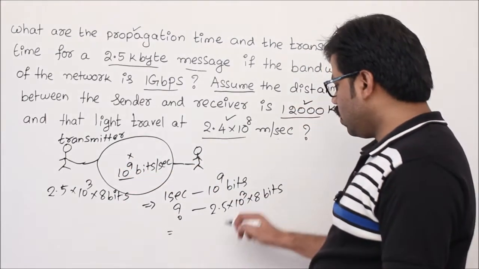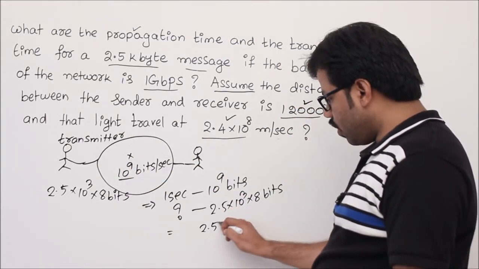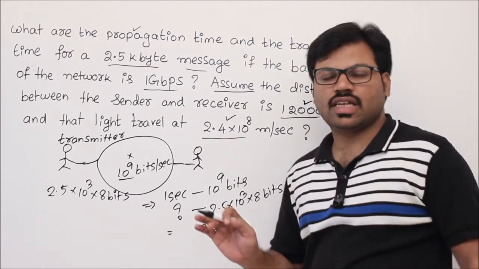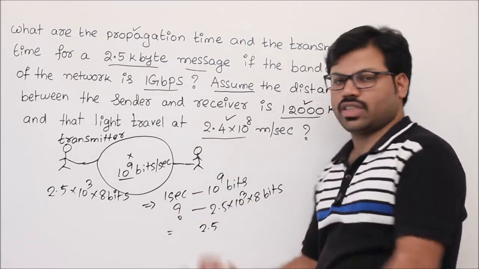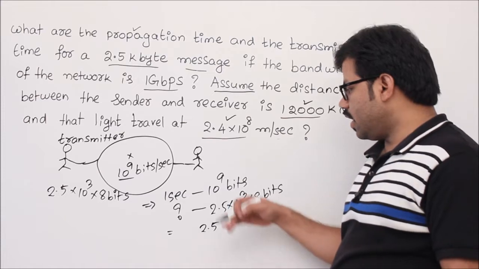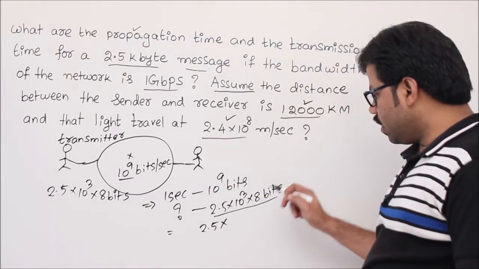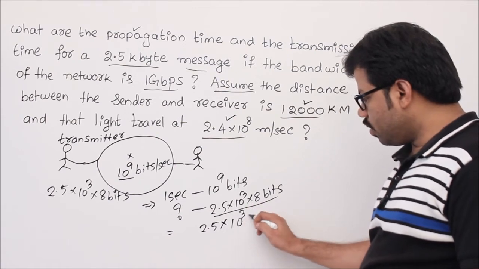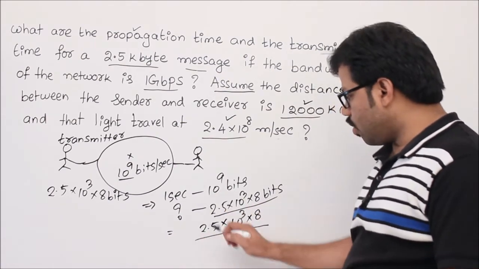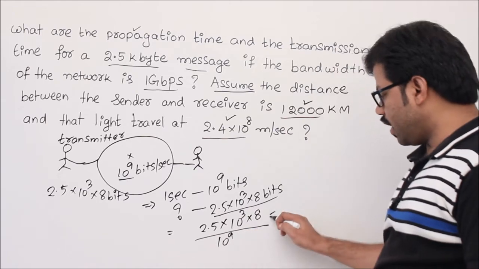That requires 2.5 into... we know the formula for it, correct? Simply message size by bandwidth. Otherwise use this logic. According to this logic, it's proportionate. Whenever it's direct proportionate, we have to take this second component on top, divided by the first component, 10 power 9. That is a formula in aptitude.